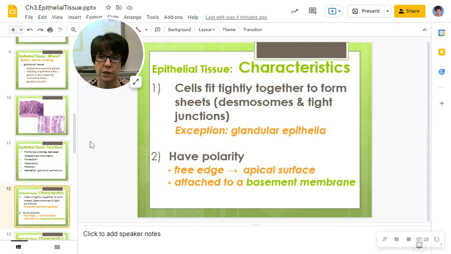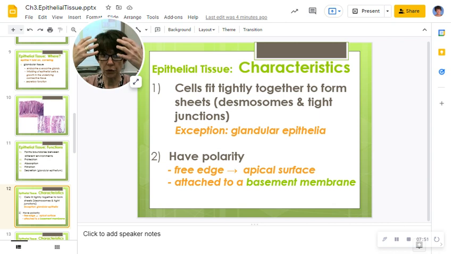So what are some characteristics of these tissues in general? We talked in the beginning part of this unit about the desmosomes and the tight junctions. Tight junctions are where you've got proteins that are holding the cells together in impermeable sheets. On the test we just took, the example of that was the blood-brain barrier.